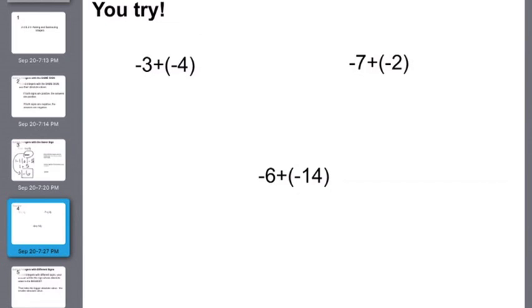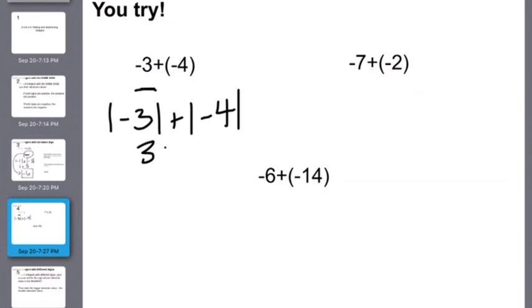I want you to try these ones and check to see what I end up with. So here we've got -3 plus -4. Our answer is going to be a negative. The absolute value of -3 plus the absolute value of -4 gets us 3 plus 4, which is 7.